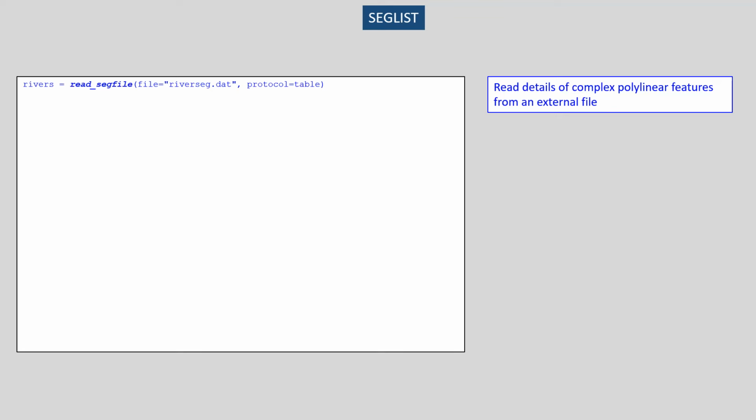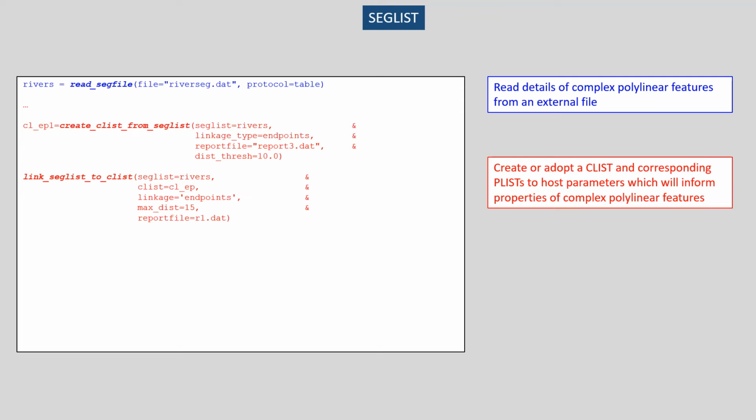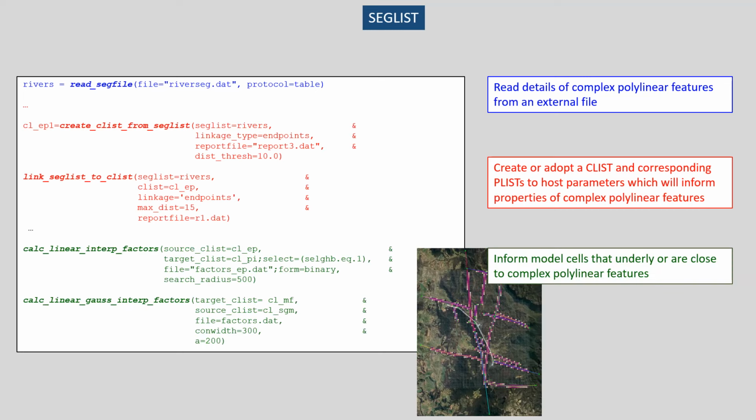So, function readSegFile reads the specifications of a complex polylinear feature from an ASCII text file. C-lists can be associated with the seglist in a variety of ways. Interpolation factors down the polylinear feature, and then the blending operation with the underlying model grid is performed using other PLPROC functions.